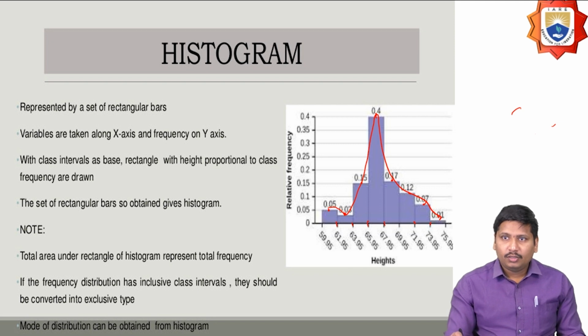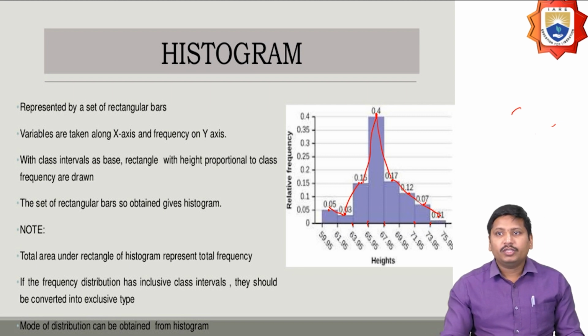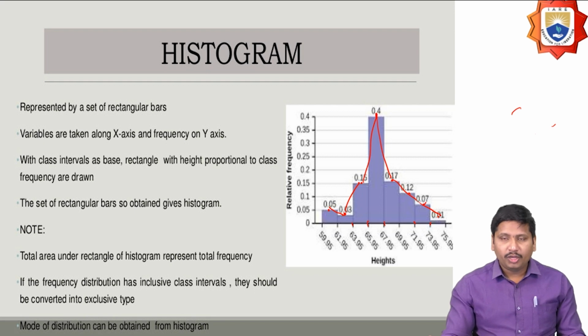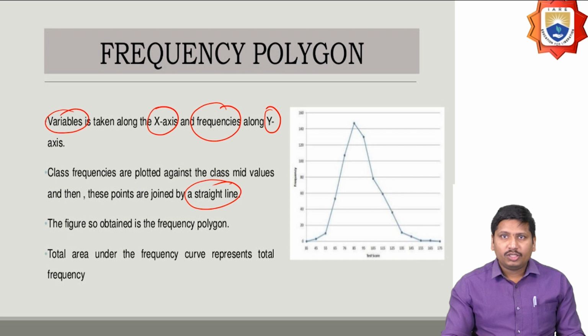If the dots are joined by a straight line, it is called the frequency polygon. These are the things that have to be identified: the frequency curve and the frequency polygon.